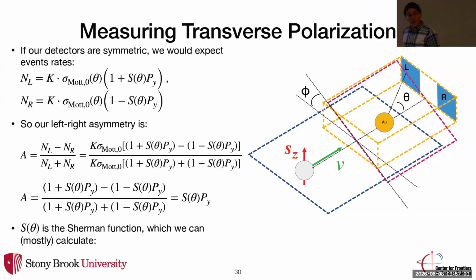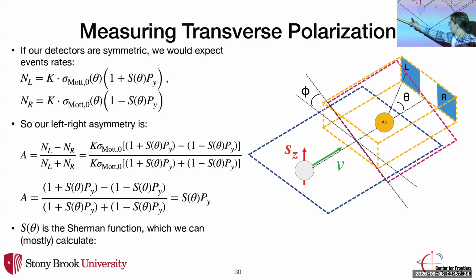Okay, so it's a counting experiment, just like it was earlier for our physics observables. We're going to count how many go to the left and how many go to the right, and we can calculate what that should be from the polarized Mott cross-section. And then we just do our asymmetry, the difference between left and right divided by the sum. And we throw that into our known calculable cross-section.